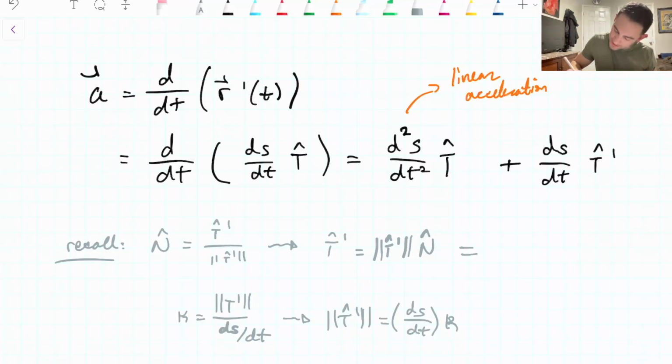So if I plop this in above, I get that T hat prime equals ds/dt times the curvature, N hat.